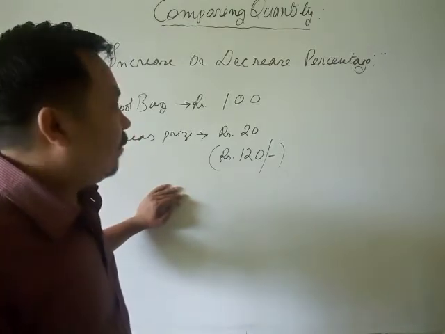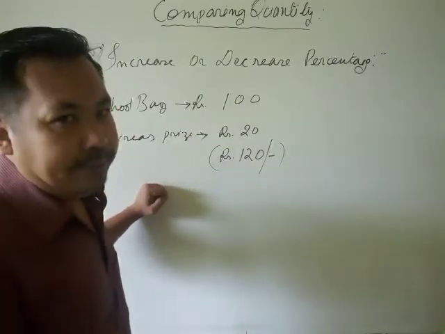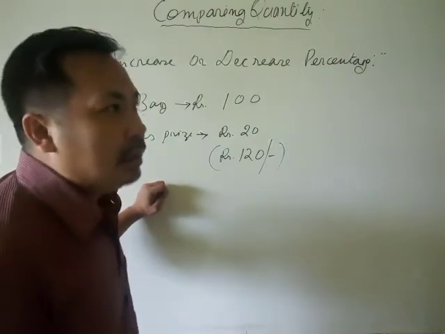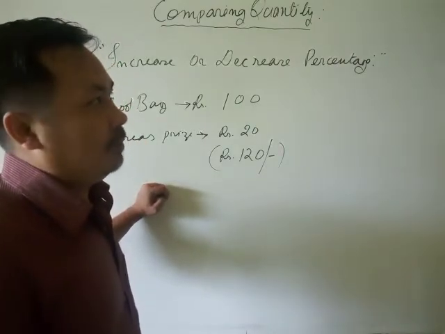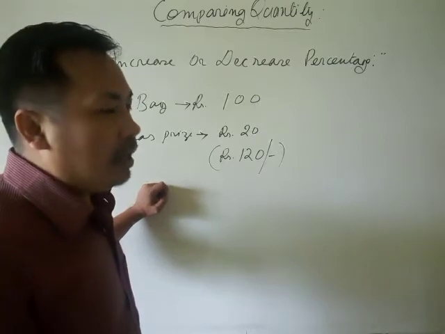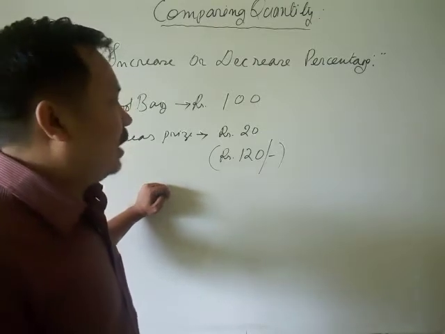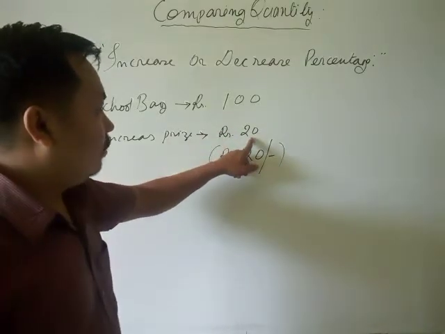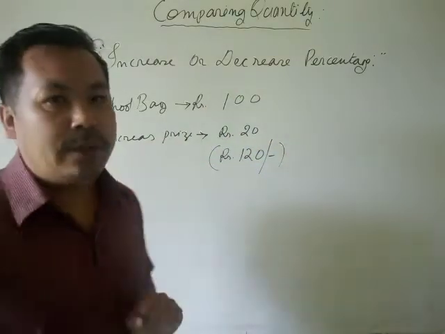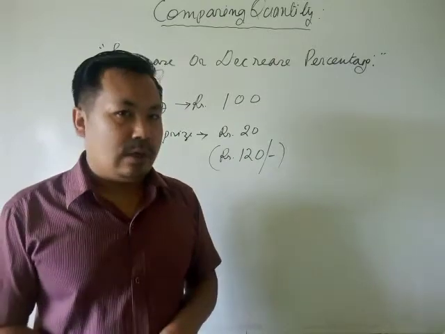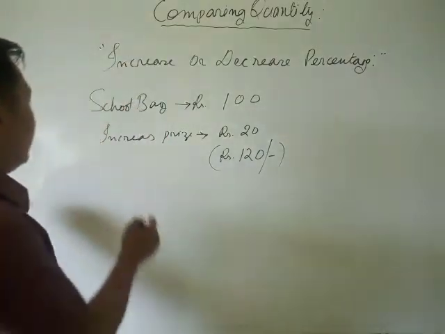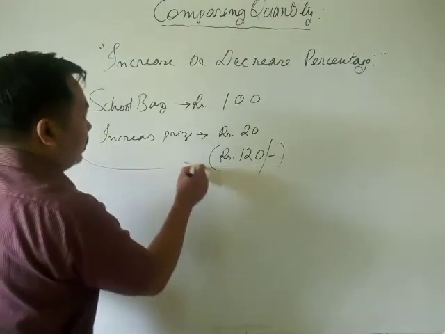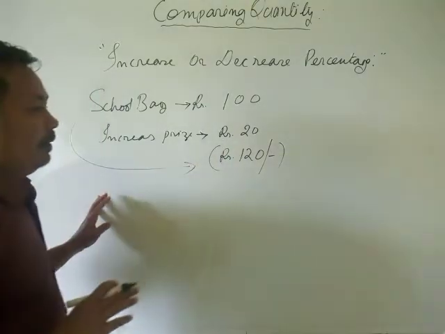Then we can find out how much the amount is increased, in terms of percentage. If the price is increased by 20 rupees, then the total price will be 120, isn't it? The school bag usually was 100, but it costs 120 here.